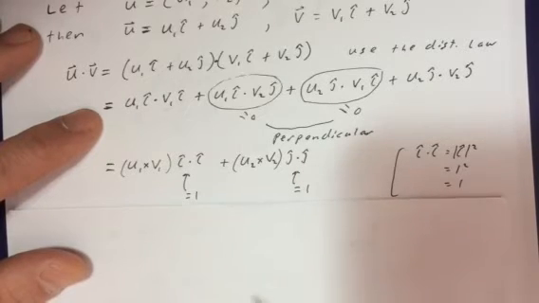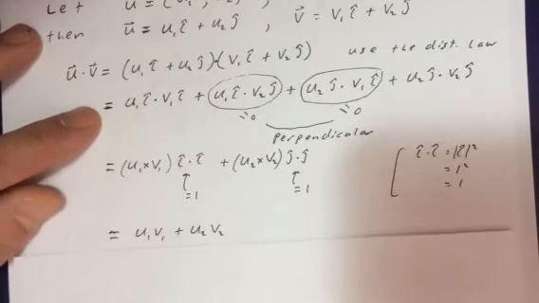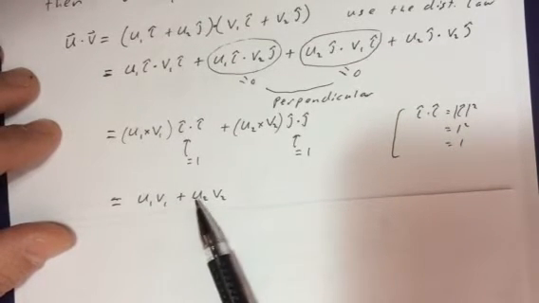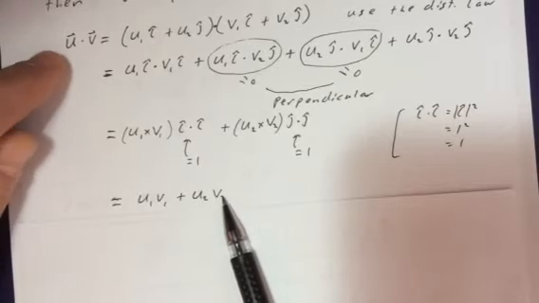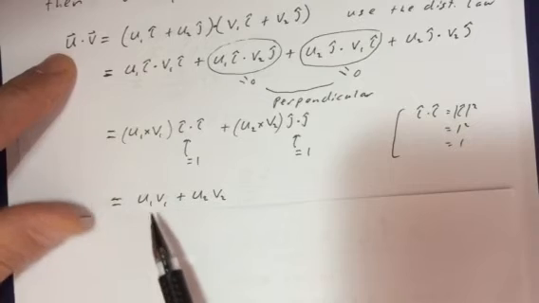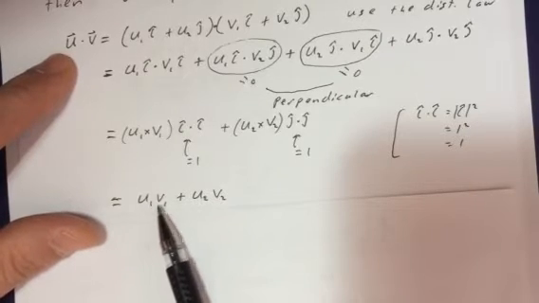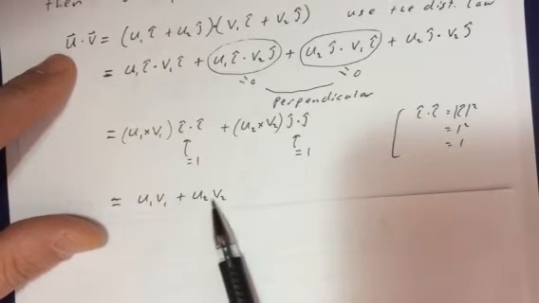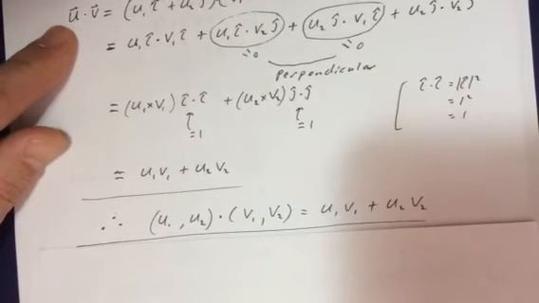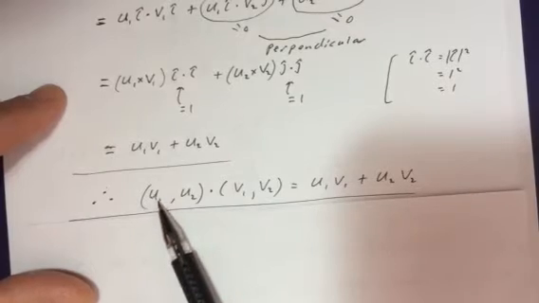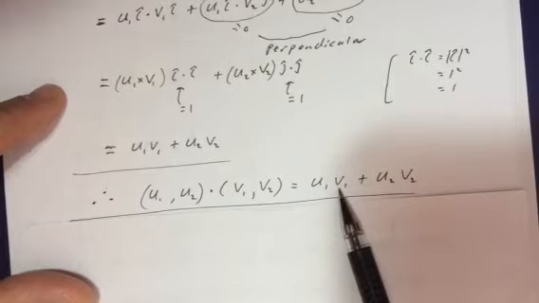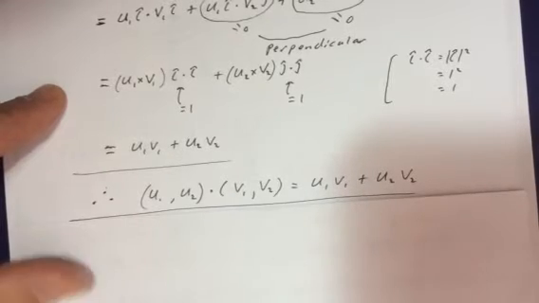Same with j dot j. So those two are equal to 1, and that gives us this nice formula: u1 times v1 plus u2 times v2. So when you're multiplying two coordinate vectors, you're really just multiplying the x coordinates and adding it to the product of the y coordinates. So for any coordinate vectors, (x, y) dot (x, y) is just the x coordinates multiplied plus the y coordinates multiplied.